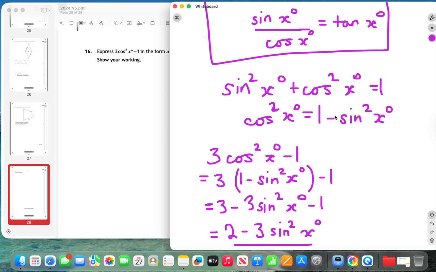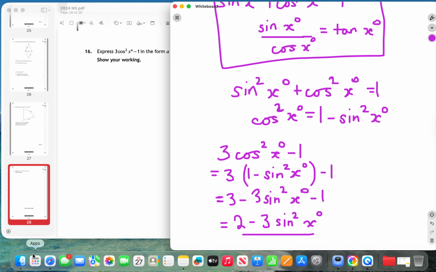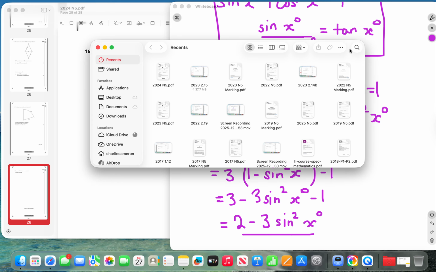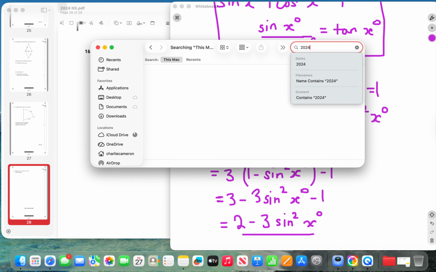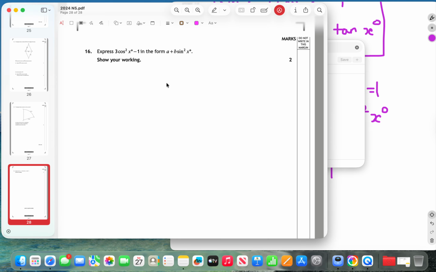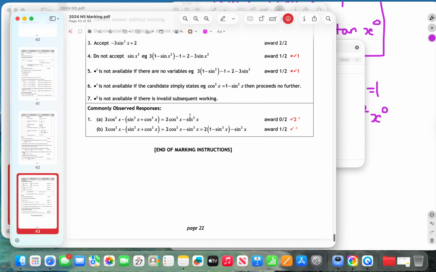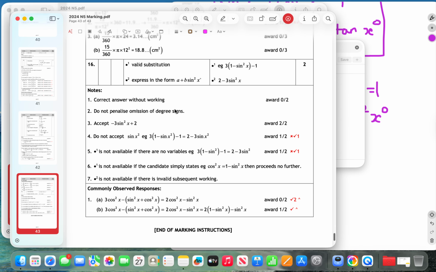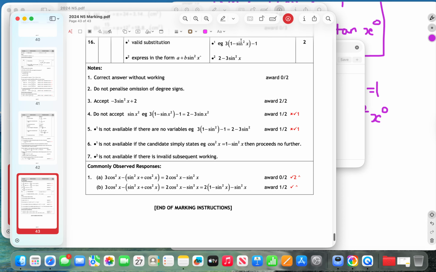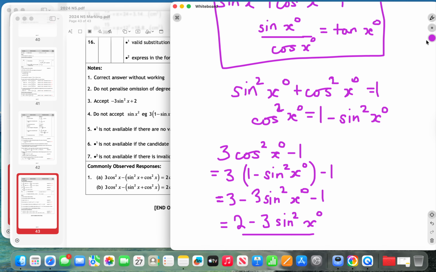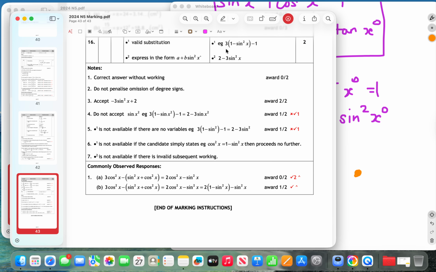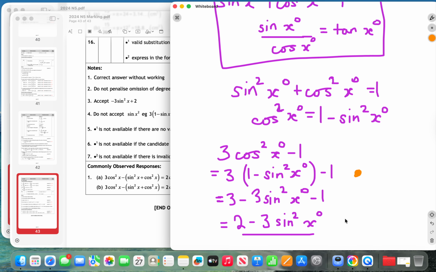So let's have a look at how the SQA would give the marks in this question. I would have said this one is a challenging one, but let's just have a look. The first mark would be for the substitution, and the second mark would be for getting the final answer.